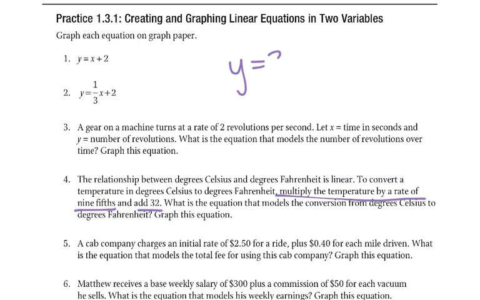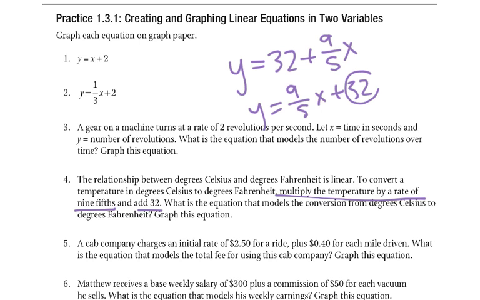Okay, 32, and then we're going to add 9/5 for every time our temperature changes. So it'd be 9/5 x. That's what the model would look like, or we can rearrange it to be 9/5 x plus 32 equals y.